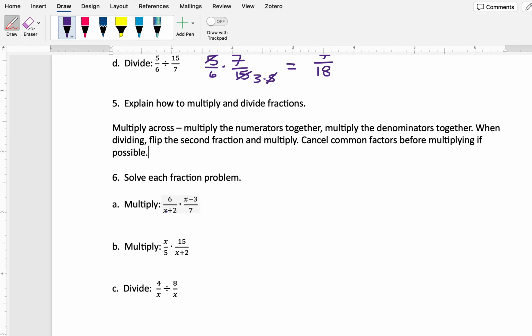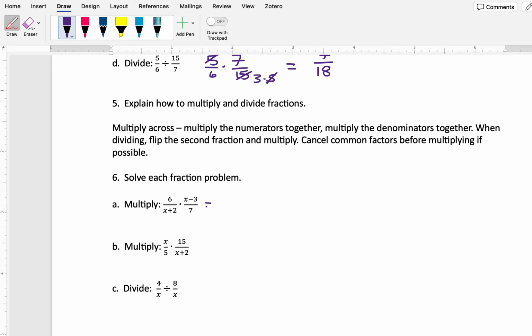Now sometimes people are tempted to cancel these x's. It doesn't work like that. This whole x plus 2 is the factor, and the whole thing x minus 3 is the factor. So if the whole thing is not the same, then it cannot be canceled. If this was an x plus 2 on the top here, then I would be able to cancel that entire factor. So I can't cancel anything, so I'm going to go ahead and multiply.